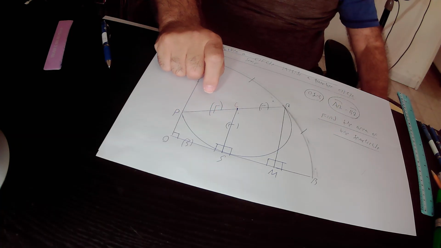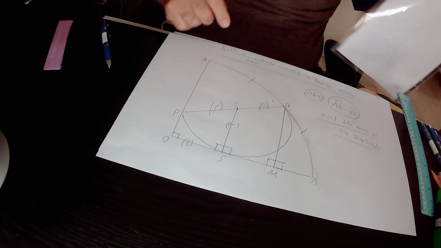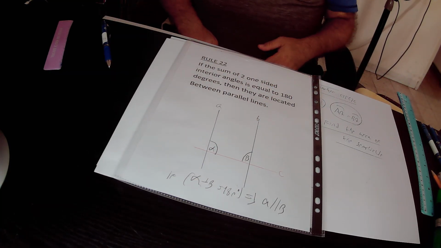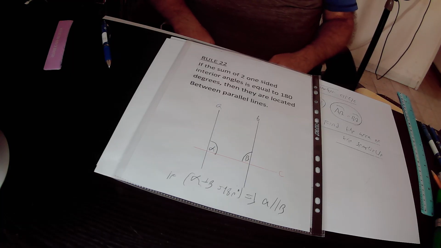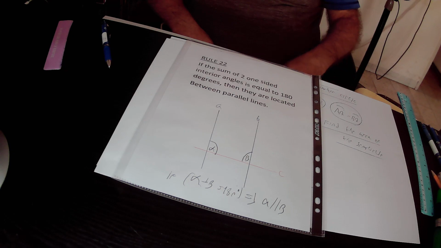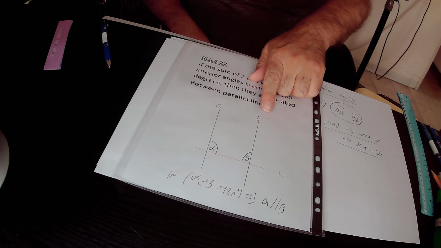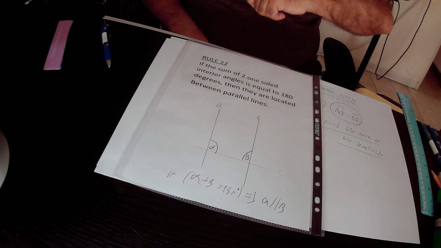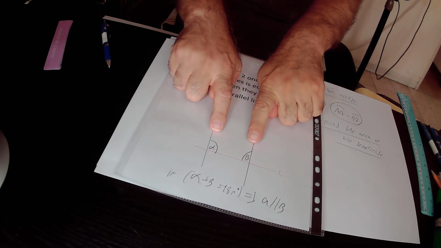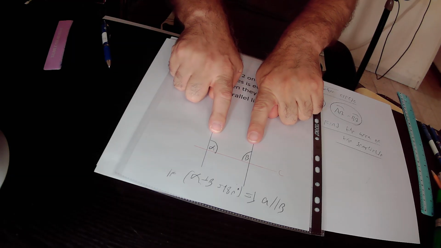So let me explain rule 22 quickly. According to rule 22, if the sum of two one-sided interior angles is equal to 180 degrees, then they are located between parallel lines. So here, line A, line B, and line C cuts those two lines at those two points. Those angles alpha and beta are defined as one-sided interior angles.